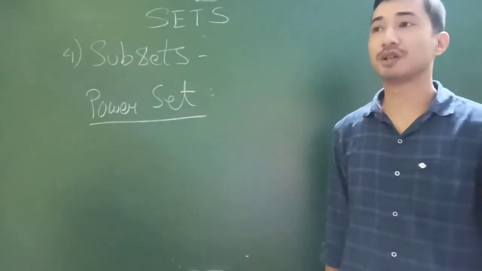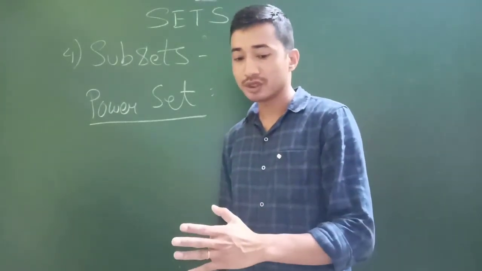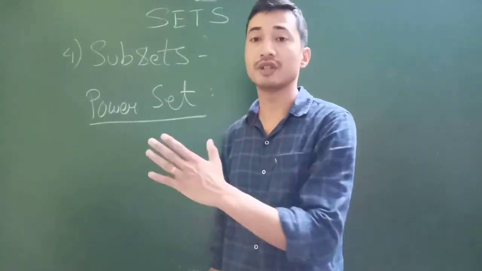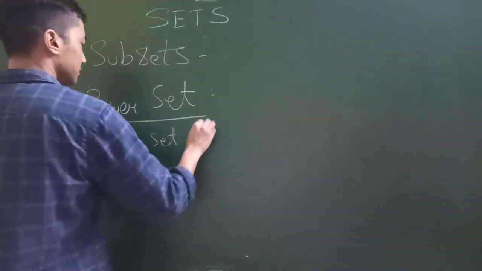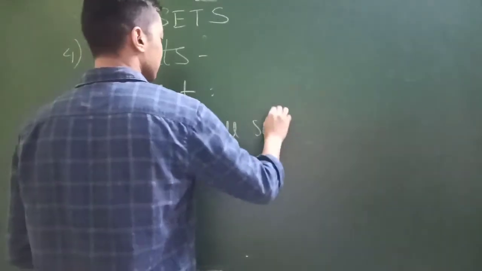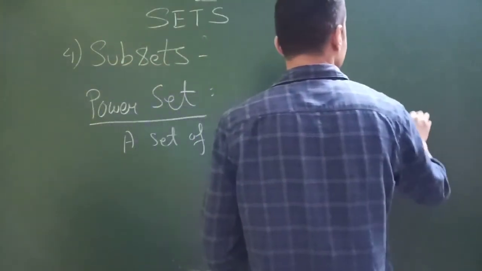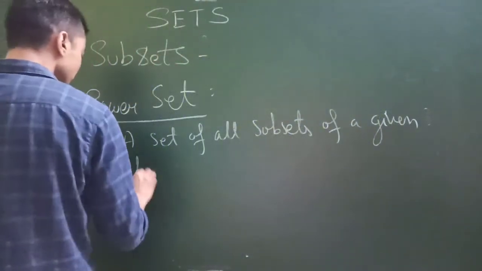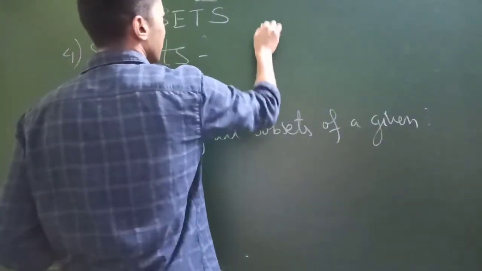It's called a power set because a power set is the set of all the subsets of a given set. I'll write it down. A power set is a set which consists of all the subsets. Remember one of the sets that we took?